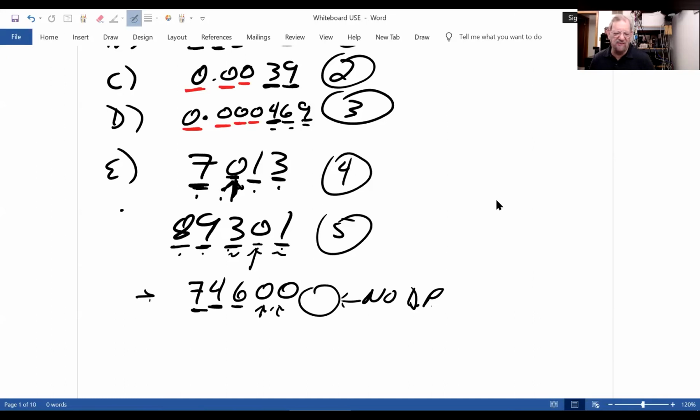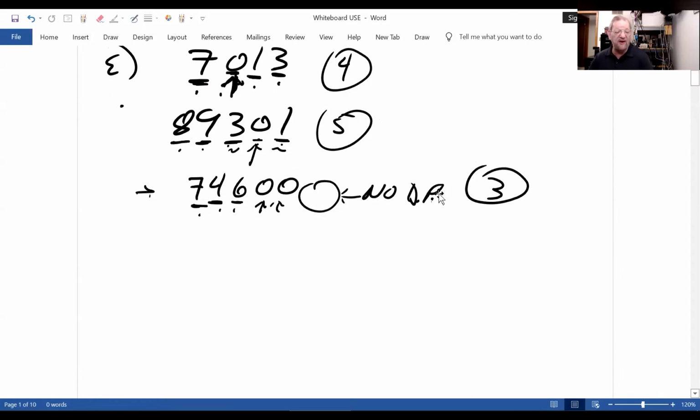And therefore, these are not significant. Remember, zeros at the end, trailing zeros, with no decimal point, are not significant. So this would be 1, 2, 3. So this would have 3 significant figures.